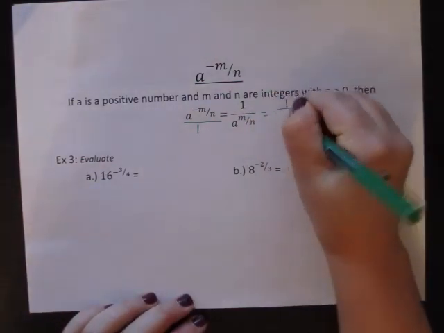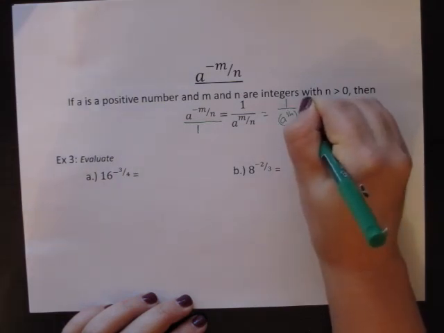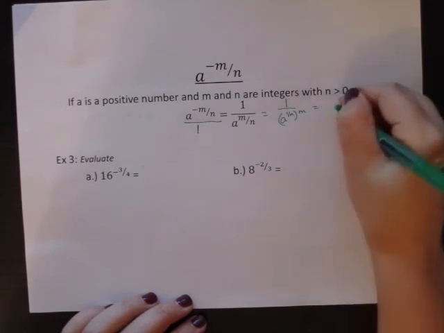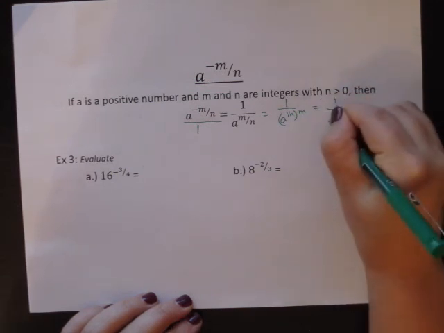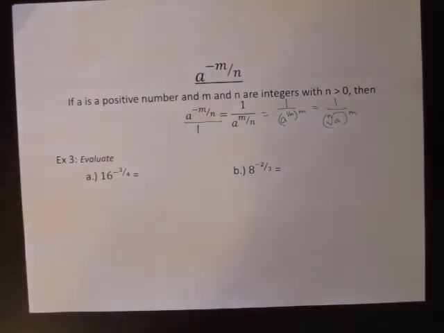Remember, we would pull out the numerator, then change it to radical form. So this would be 1 over the nth root of a raised to the mth, and then we'd clean it up if possible. And this is only when we have a negative exponent.